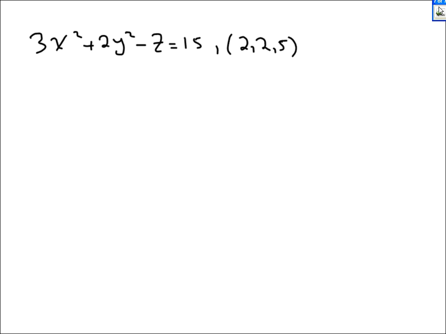Now, what's going on is the following. Of course, that's the z-axis, y and x. If I have a vector, and I know what that vector is, that vector is 0, 0, 1.